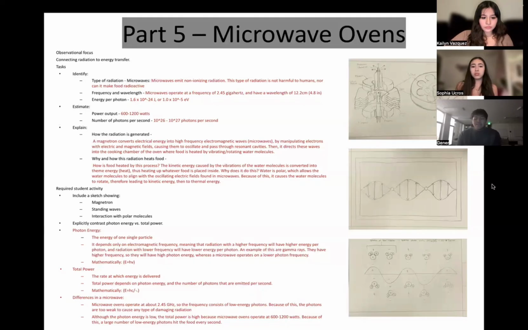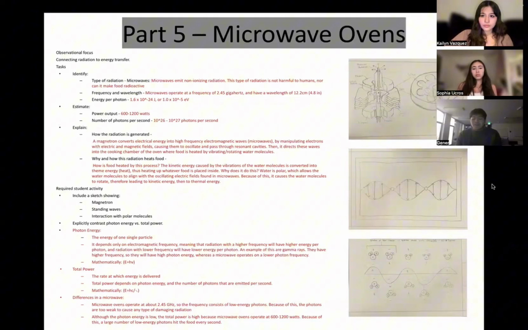There's an important difference between photon energy and total power. Photon energy refers to the energy of a single photon and depends only on frequency. High frequency radiation like gamma rays has a very high photon energy, while microwaves have very low photon energy. Total power, on the other hand, refers to the rate at which energy is delivered, measured in watts.